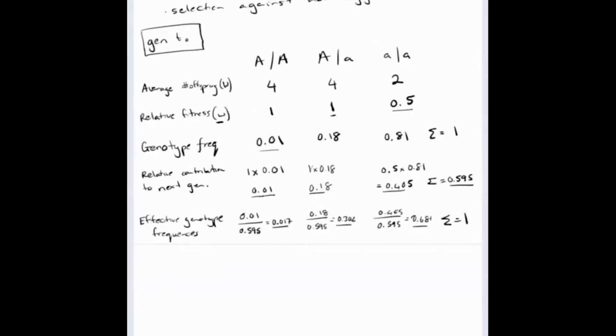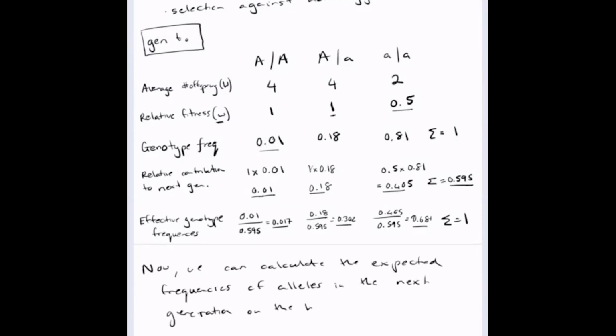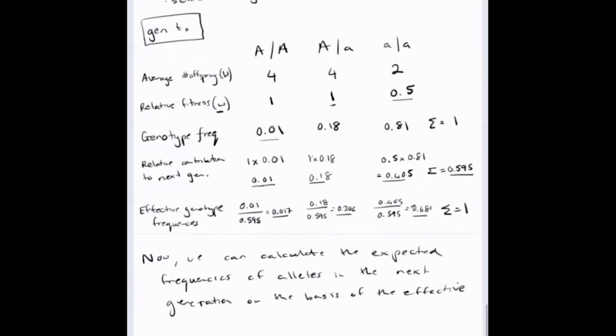So remember, with Hardy-Weinberg equilibrium, we can compute the expected genotypes based on the allele frequencies. And if we have the genotypes, we can compute the expected allele frequencies. So in this case, we can now calculate the expected frequency of alleles in the next generation on the basis of the effective genotype frequencies that's accounting for this differential fitness.